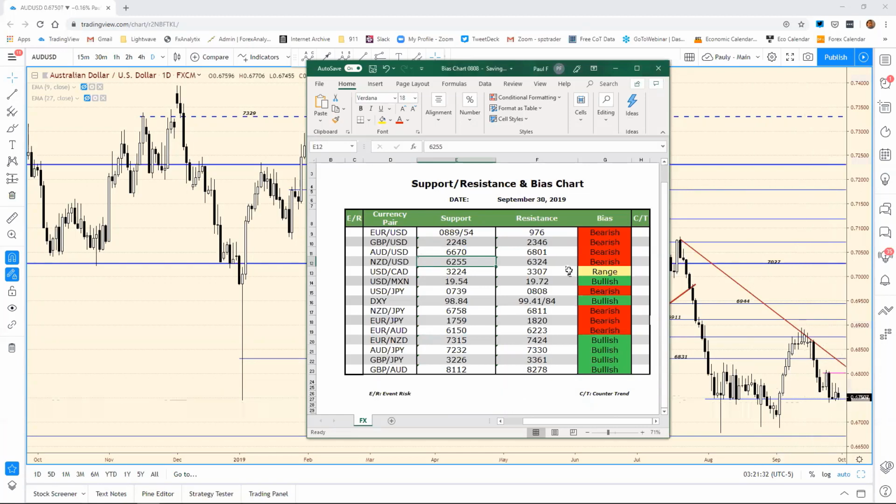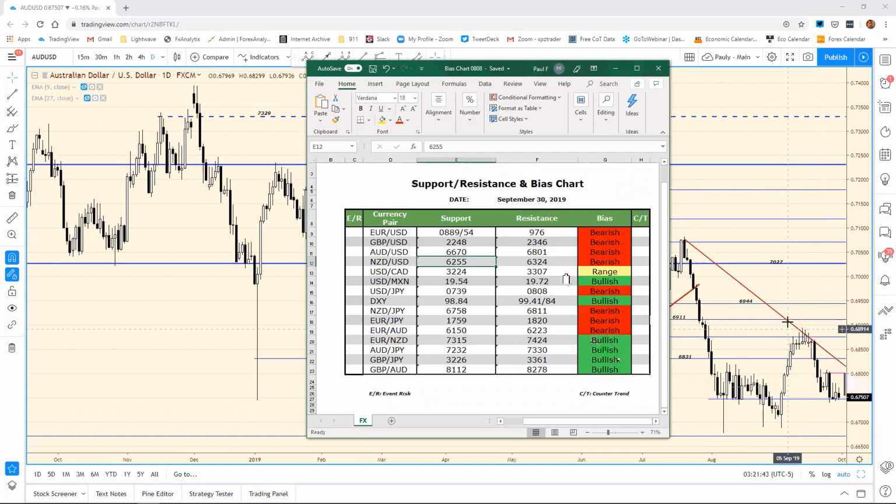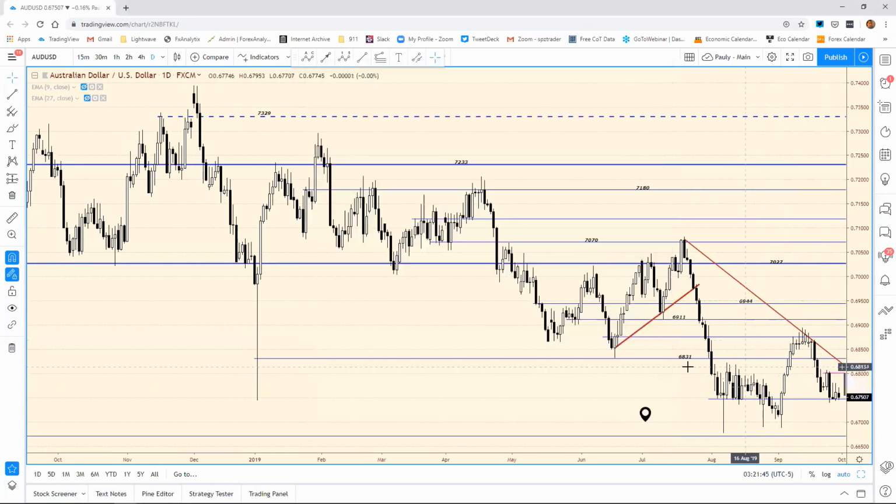So we'll see what happens. On the upside, we're going to go with 68.31. There's immediate resistance here at 68, but 68.31 is where the rubber meets the road. If we get a rebound, you could turn it and even push beyond that. So it's 68.31 where you'd see some big movement.